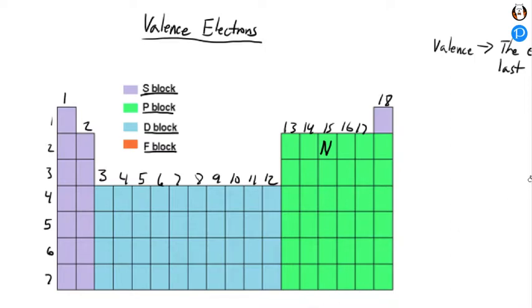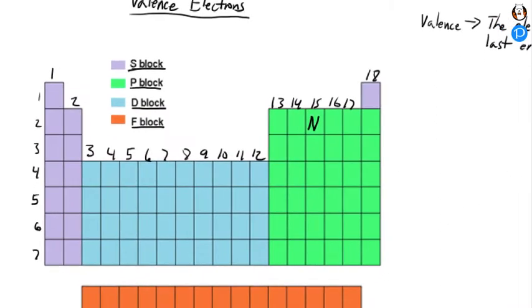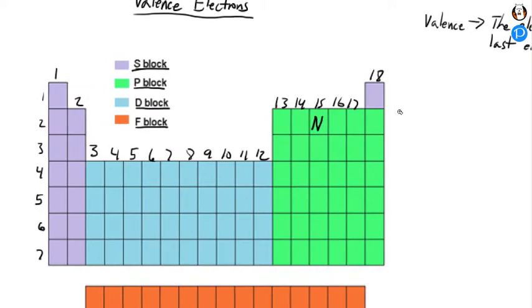If I were to write out the electron configuration for nitrogen, remember we're starting over here at the first energy level. We've got 1s2.